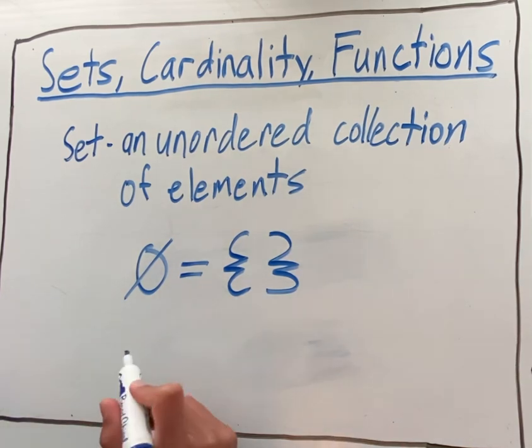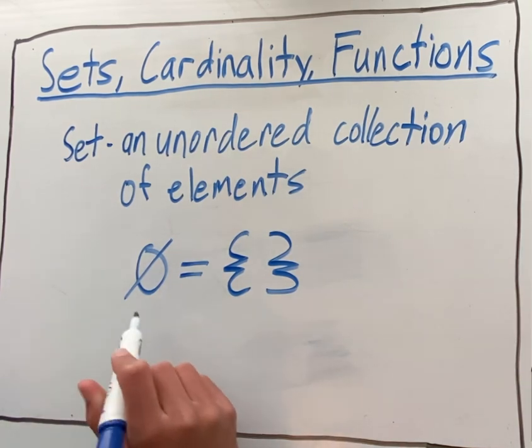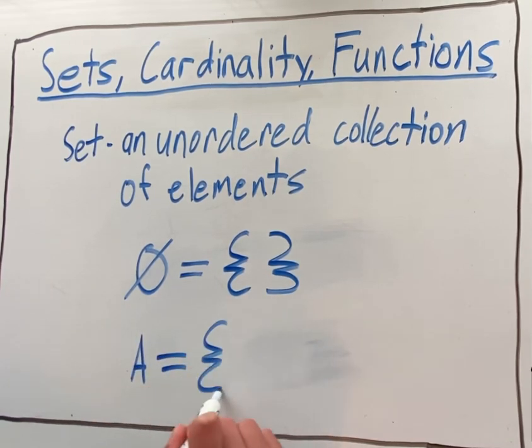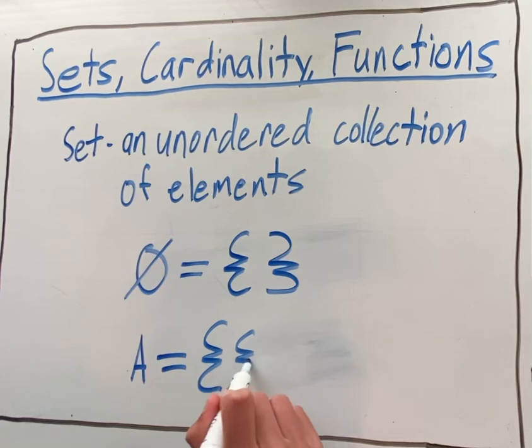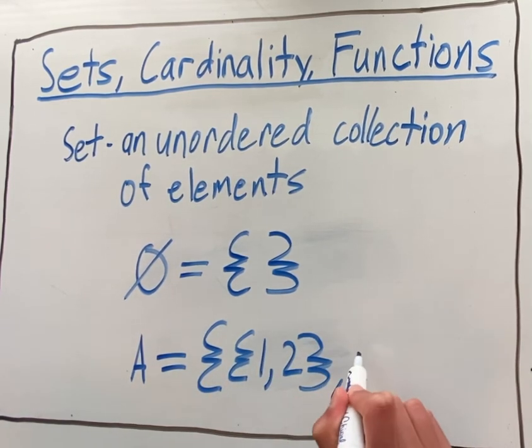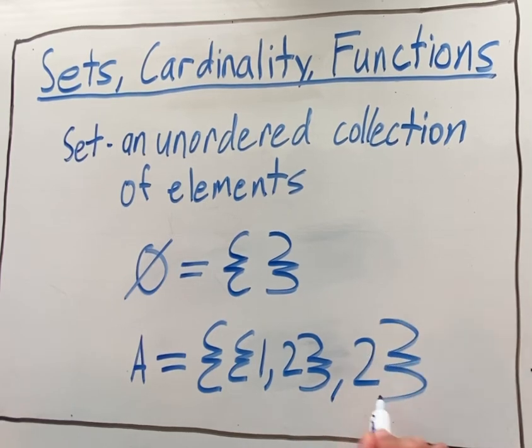But another important thing to note is that you can have a set, let's just call it A, where the elements are themselves sets. So here's another set. The whole thing is the set A, and think for a second, how many elements does this set have?